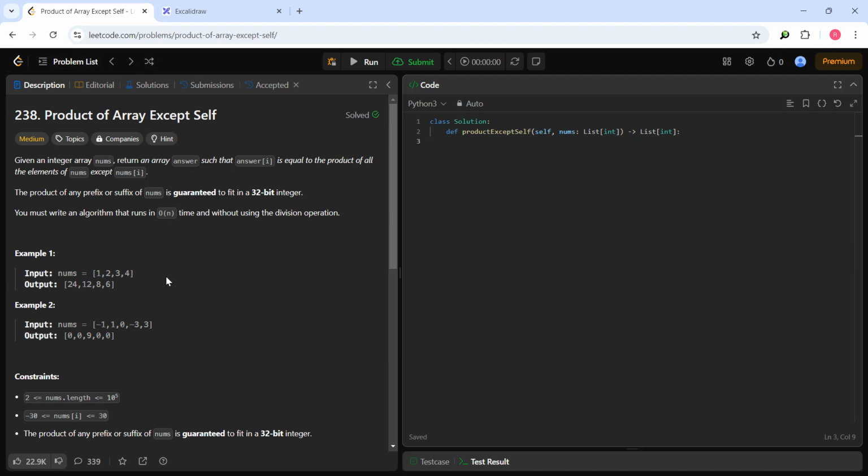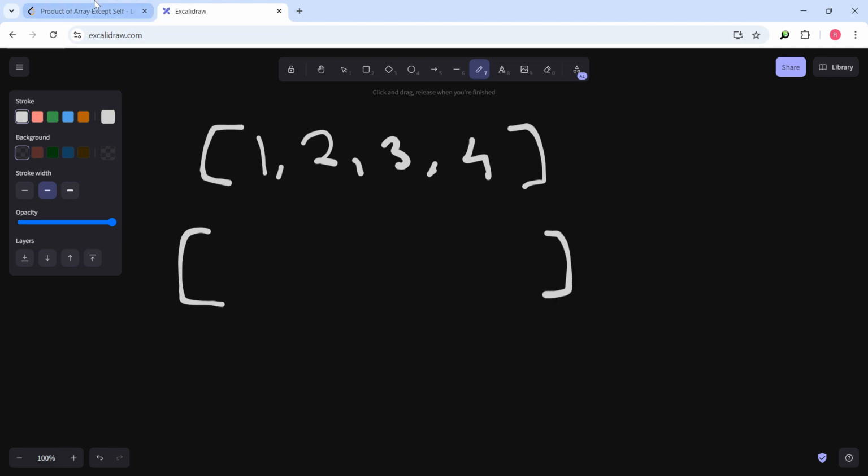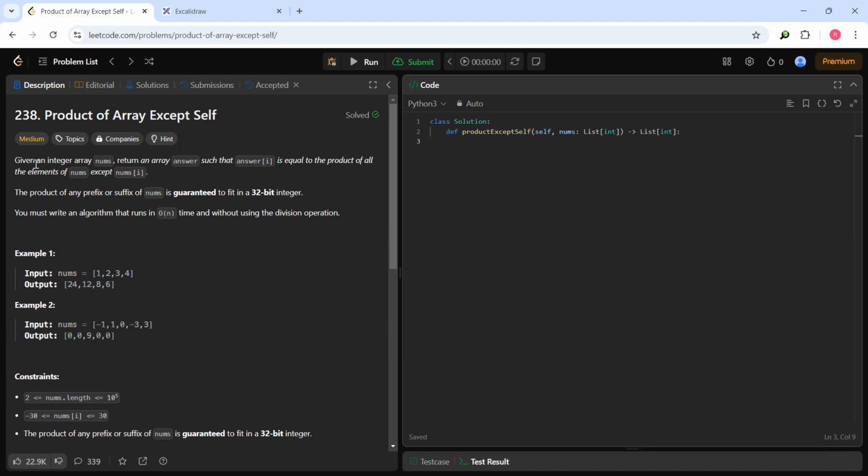So the question is, I'm going to write it, 1, 2, 3, 4. This will be given to us. So we should return another result array that should contain all the products except that number.